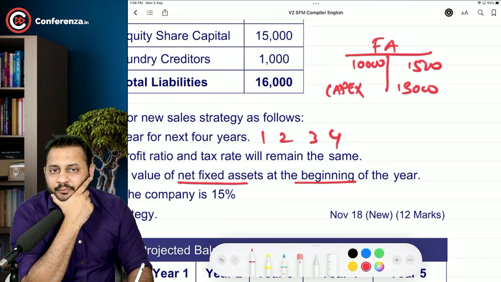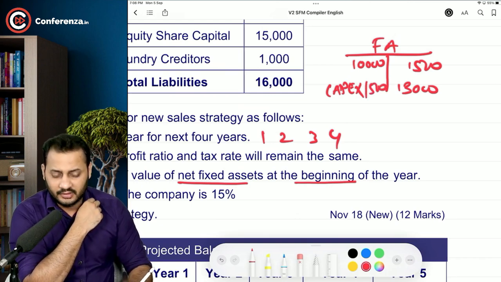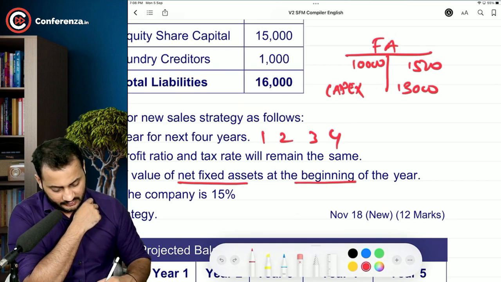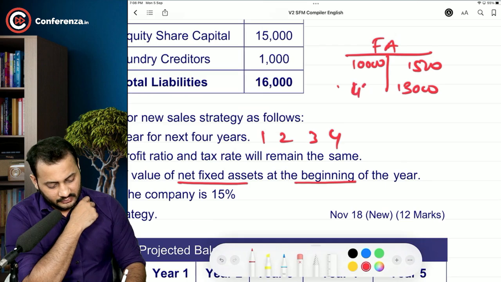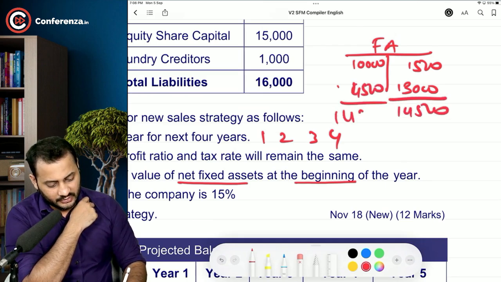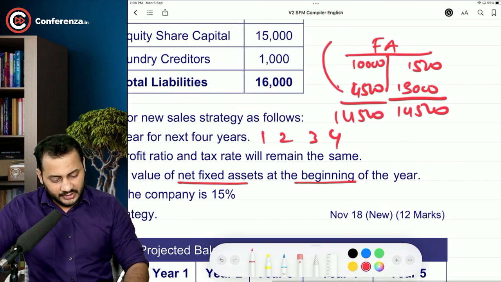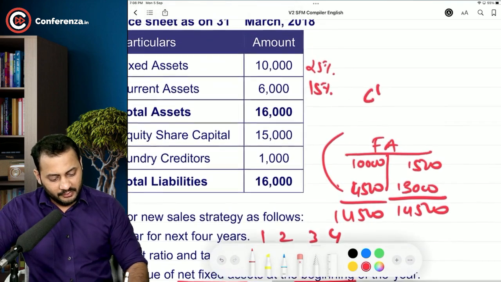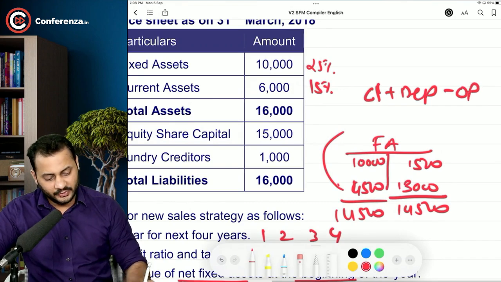What does that mean? It means the capital expenditure is 4,500. Capital expenditure is 4,500. So this is like 14,500. This is also 14,500. So how do you calculate the capital expenditure? It's very simple, sir. Closing balance plus depreciation minus opening balance.